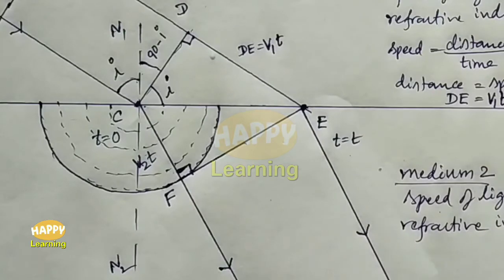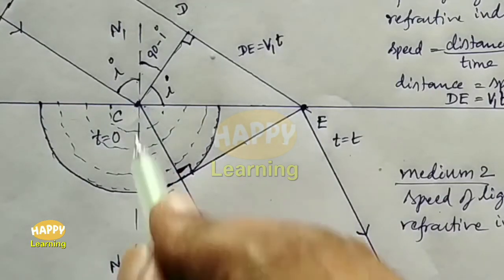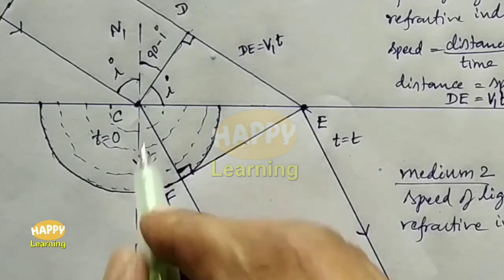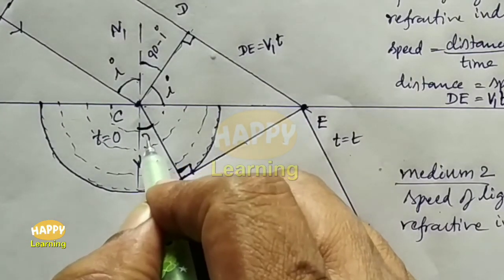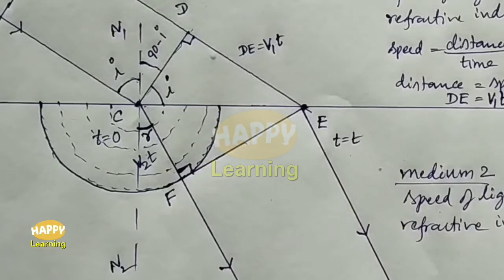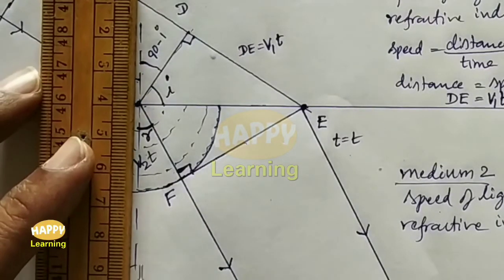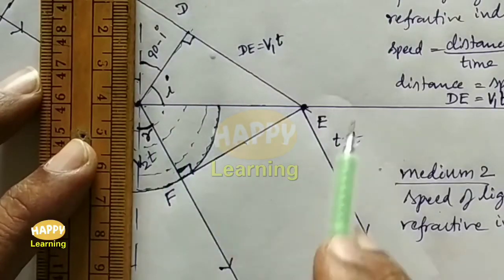So the normal and the refracted ray, this angle is the angle of refraction R. Now, this is normal and this is the interface.